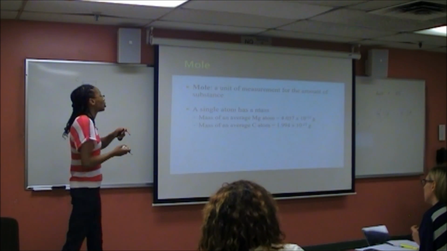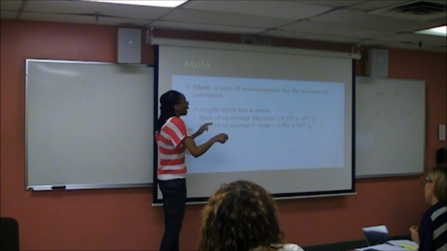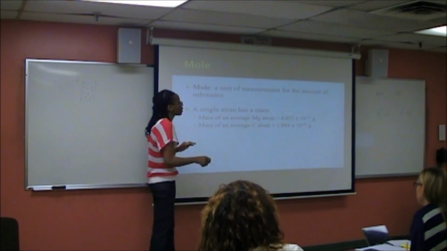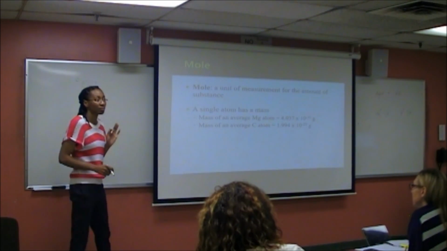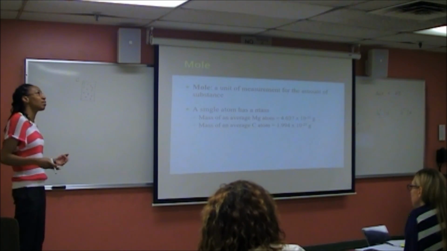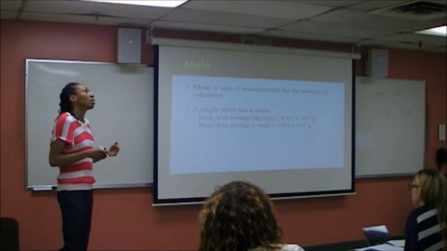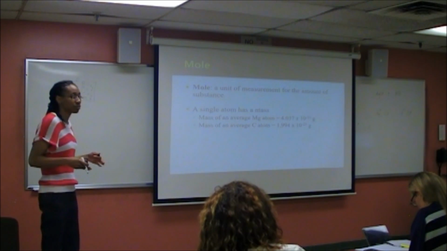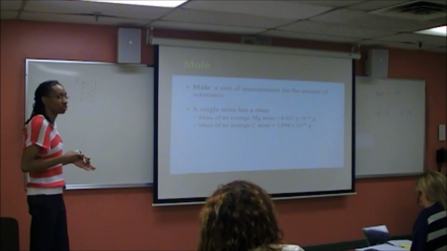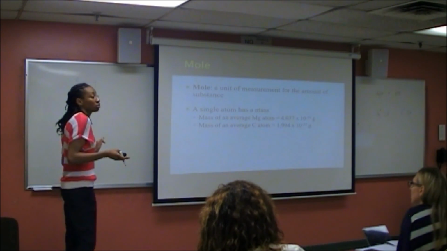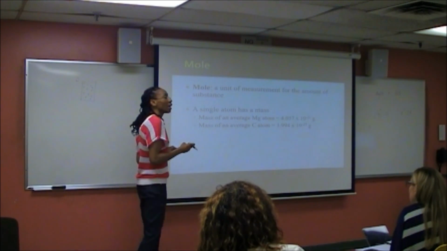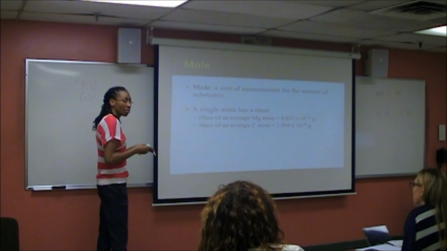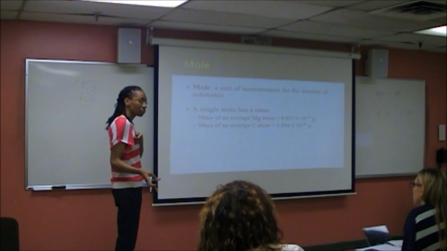Each carbon atom has a mass of 1.994 times 10 to the negative 23 grams. What is the atomic mass of carbon on the periodic table? 12.011 AMUs. So now, can we figure out how many atoms are in that much carbon?